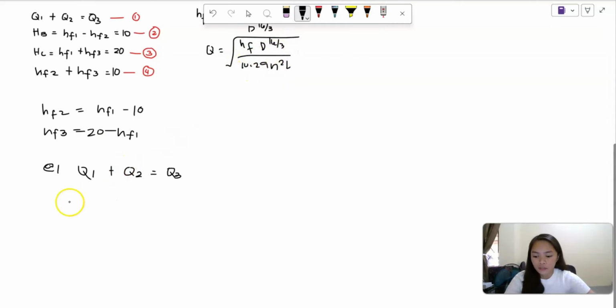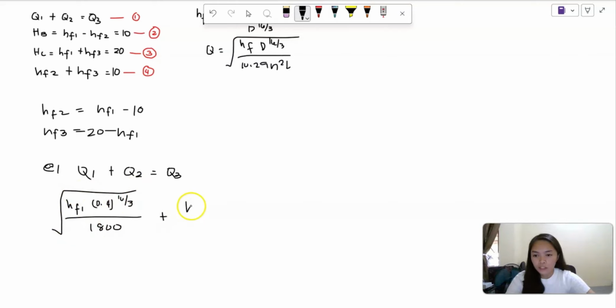So HF1, then 0.4, which is the diameter in pipe 1, raised to 16 over 3, over 10.29 and n squared. n squared is just the same in all three pipes, so it will be cancelled. The remainder here is the length. So the length in pipe 1 is 1,800. Then square root.